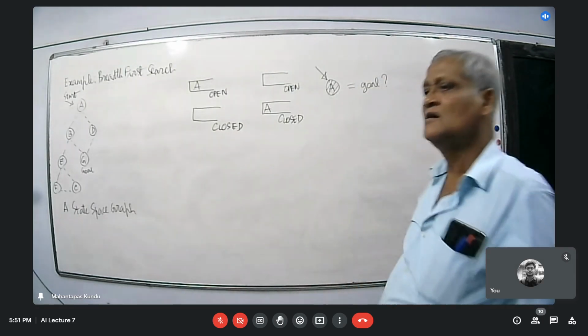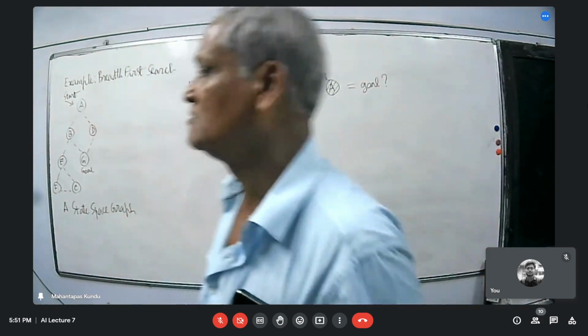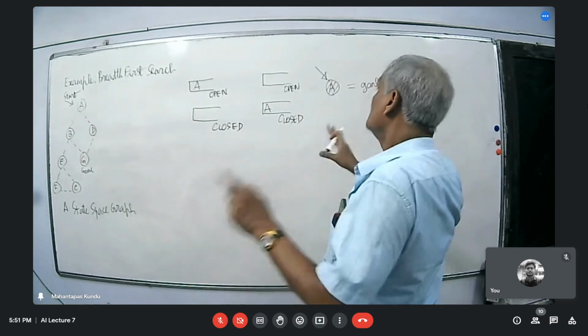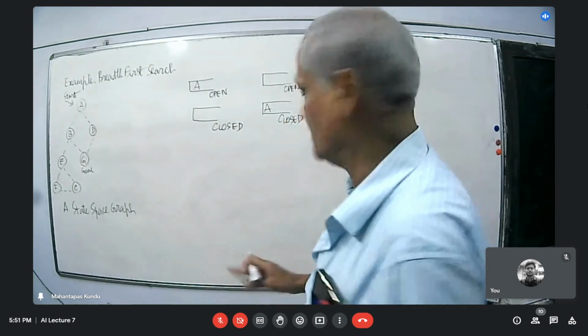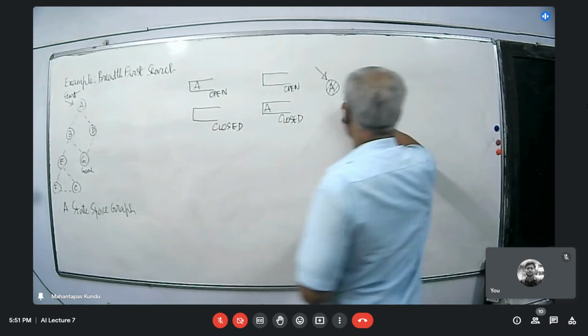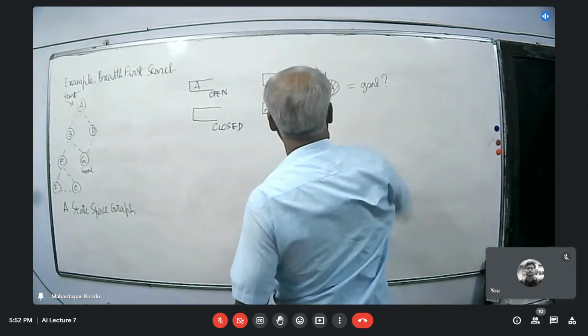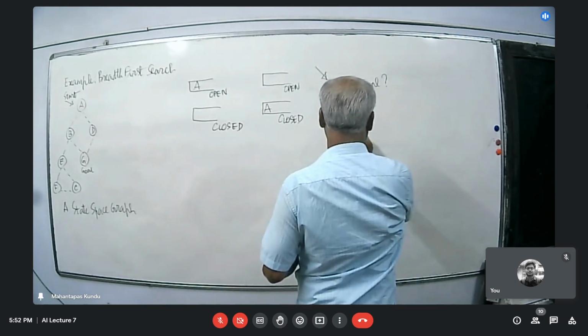Here it is not equal to the goal node. So what should we do? We should generate all successors of A. And after generating all successors of A, those successors will be placed in the open list.